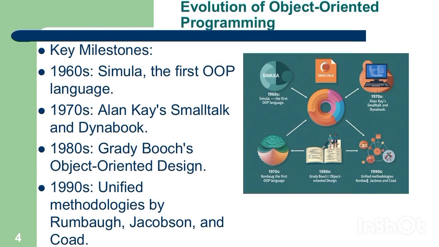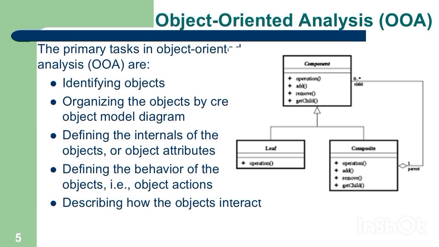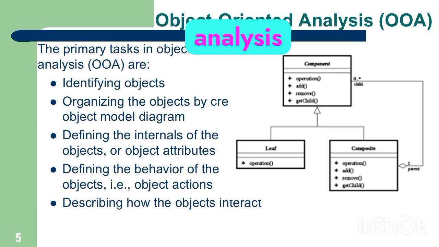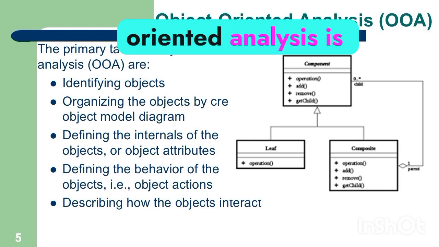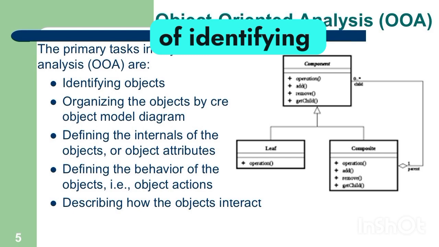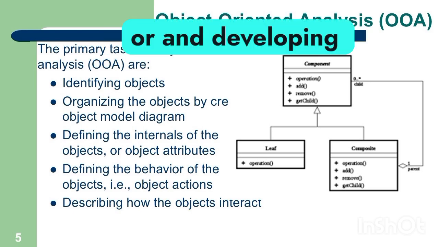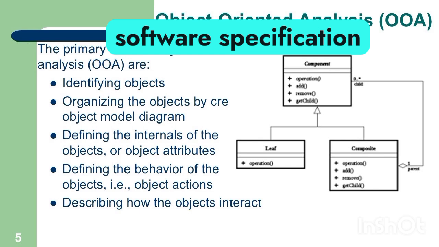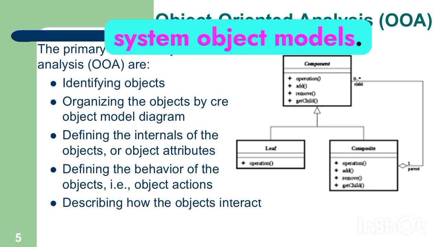Here we have object-oriented analysis, and our object-oriented analysis is the key procedure of identifying software engineering requirements and developing software specification in terms of the software system's object models.